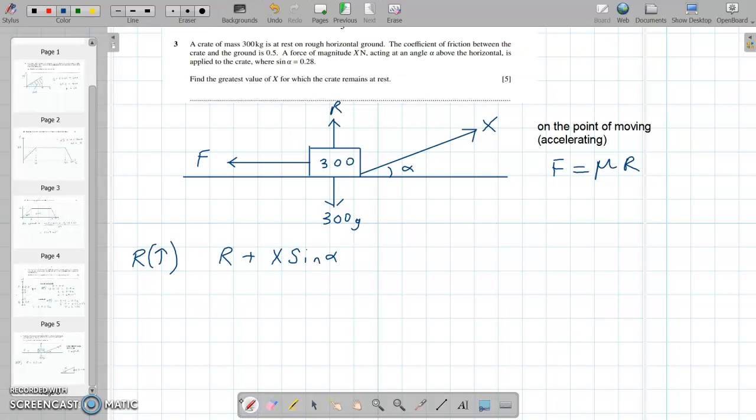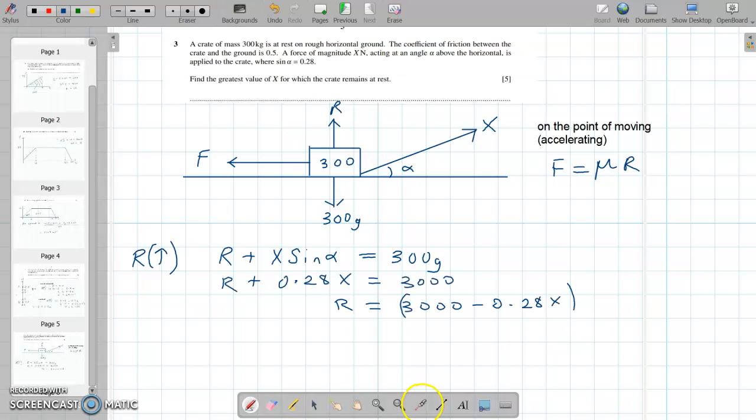So we've got components going up: R plus X sine alpha equals all the forces going down, because they're equal, because there's no acceleration. The only force going down is 300G. From here we can calculate R. I've just made R the subject.